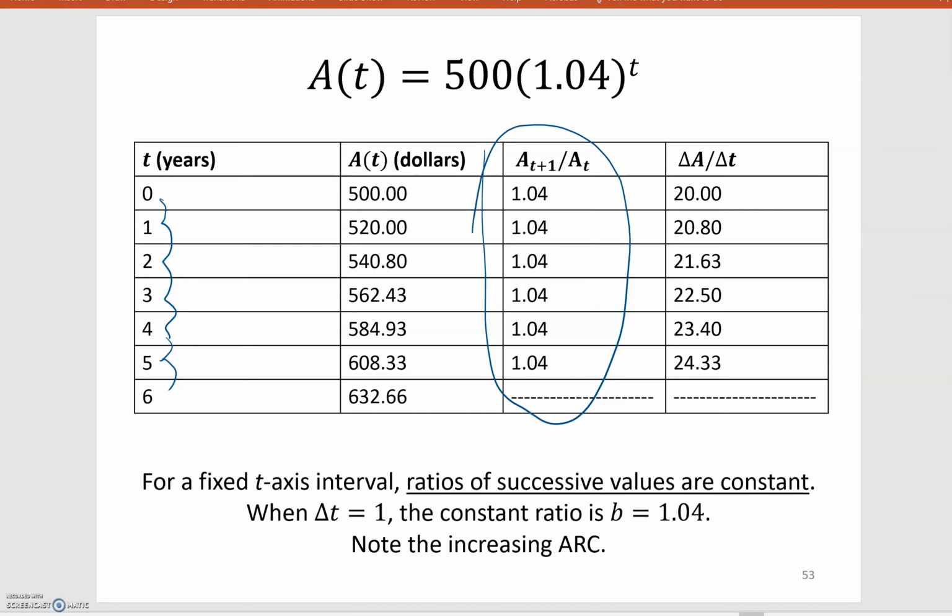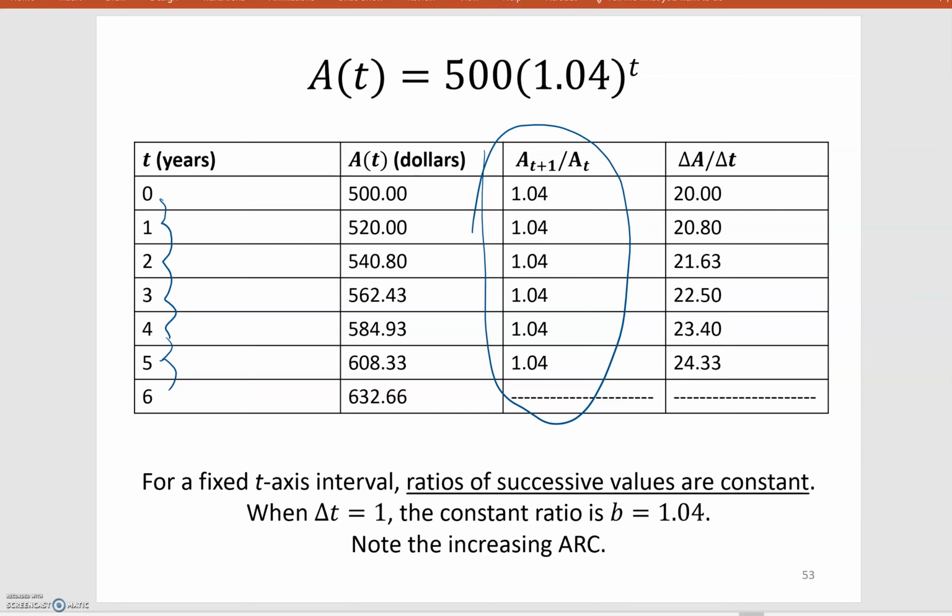And if you recall what the definition of the growth factor was, for every 1 unit that you move horizontally, the output of the function will get multiplied by the growth factor, and so that will be the new value of the function.